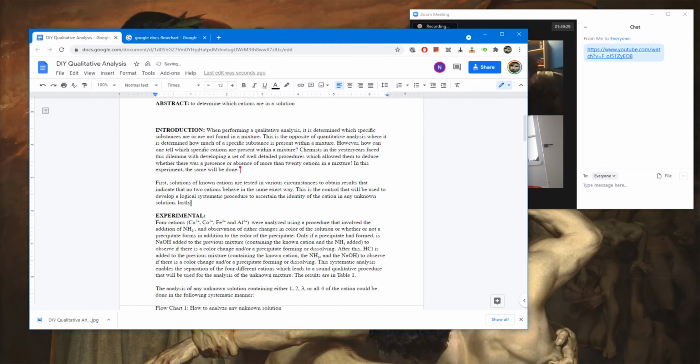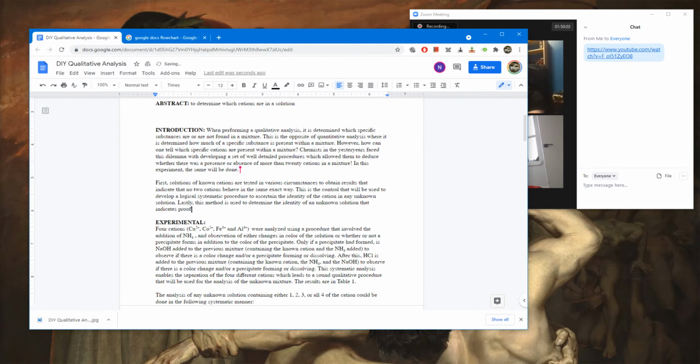And lastly, this method is used to determine the identity of an unknown solution that indicates proof of principle. Okay.